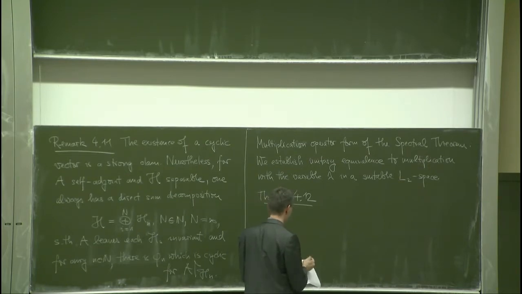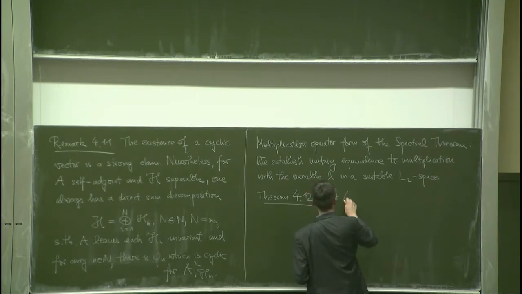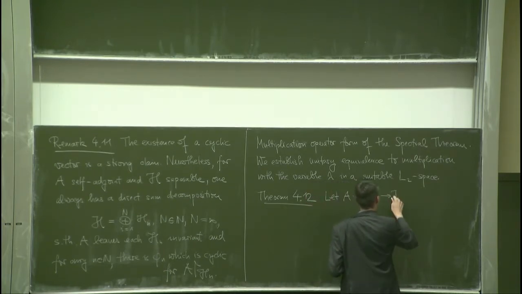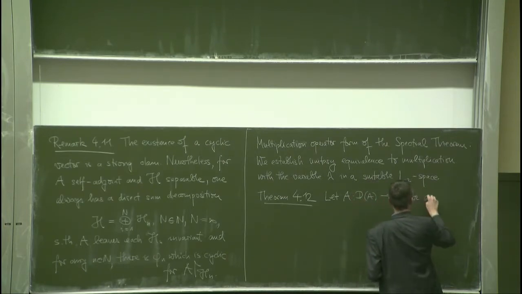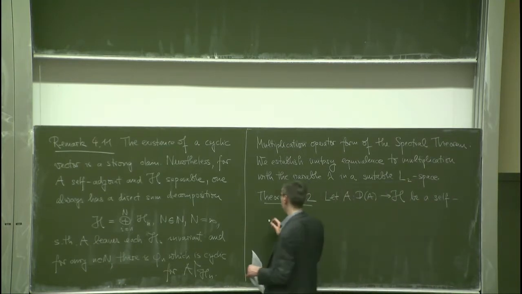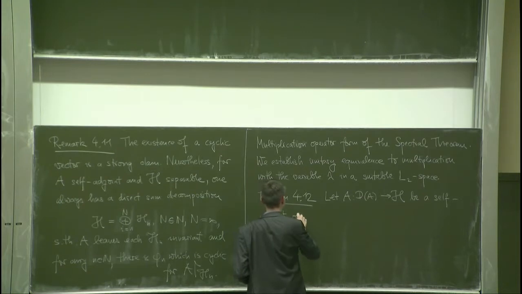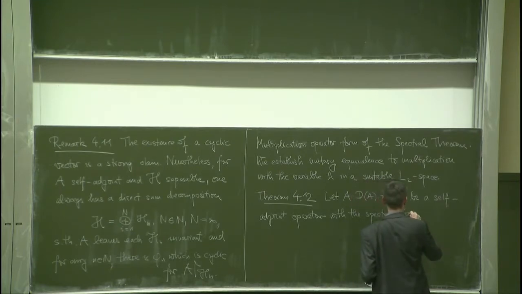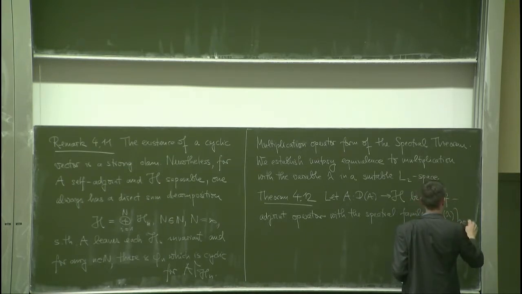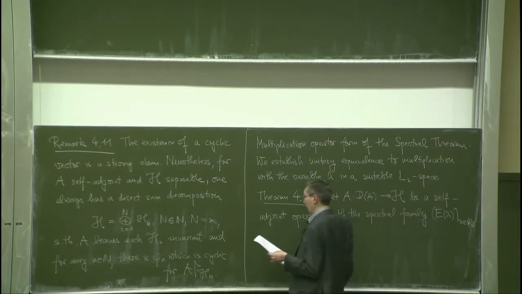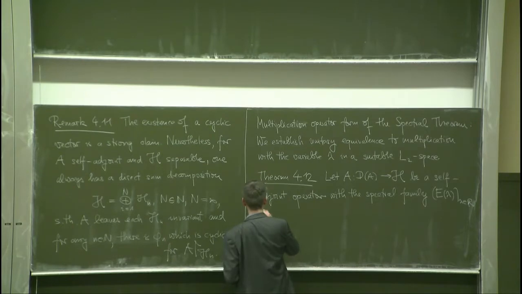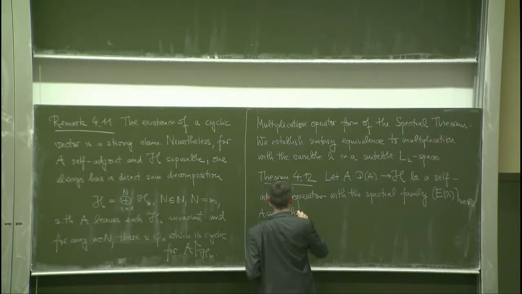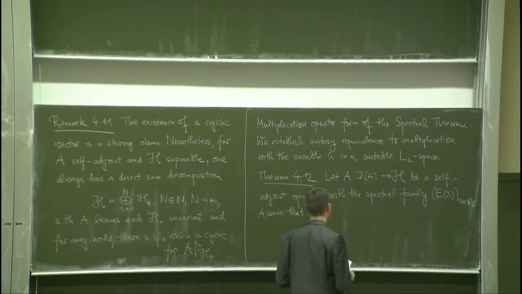So let A be a self-adjoint operator in the Hilbert space H with a spectral family E(lambda) for lambda in R. And we assume here that A has a cyclic vector. Assume that A has a cyclic vector phi.